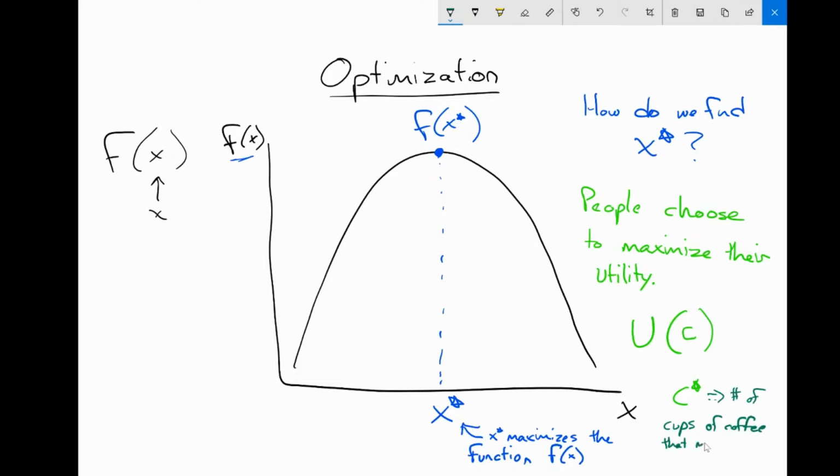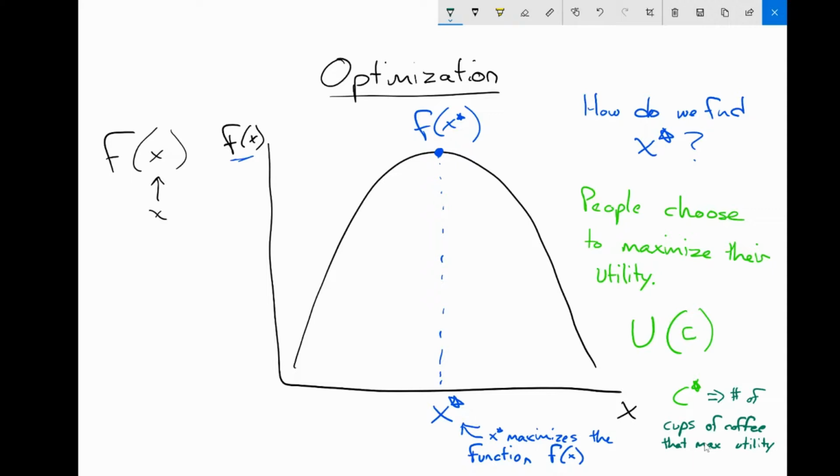that maximizes utility. Okay, so if we were to actually write out a utility function of coffee, that means how much subjective value people get from coffee, we could then solve it to find the number of cups of coffee that they would need to drink to achieve that maximum utility.